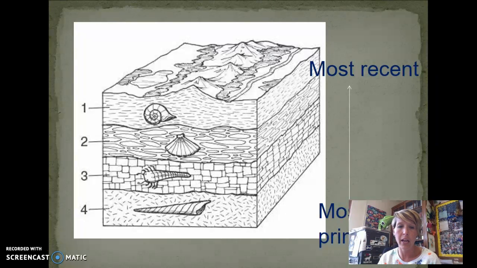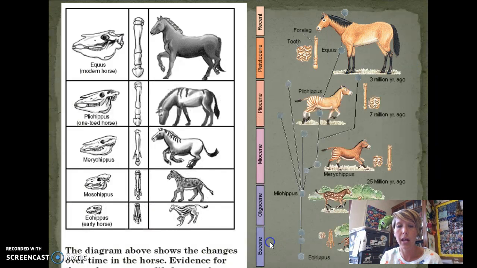Sedimentary is the layers of rock. And I just want to point out that the deeper the layer where you find a fossil, that typically means that that organism lived at an earlier time in life's history. So the deeper the layer, the older the organism or older the fossil, the more shallow the layer you find the fossil in, the more recent that organism has existed on this planet.